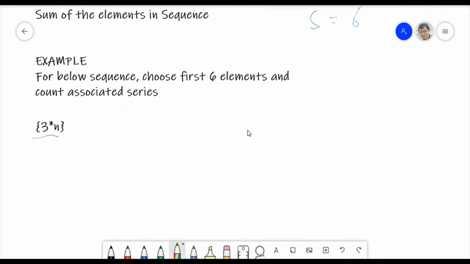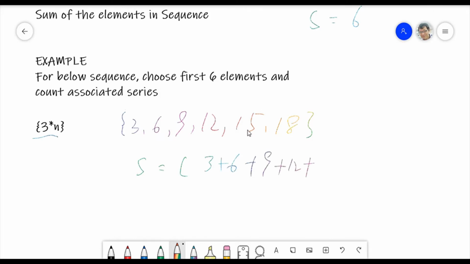The first number is 3, the second number is 6, the third number is 9, the fourth number is 12, the fifth number is 15, and the sixth number is 18. That's easy, right? So the associated series is the sum of 3 plus 6 plus 9 plus 12 plus 15 plus 18, equals what? That's easy, I will not count it here.